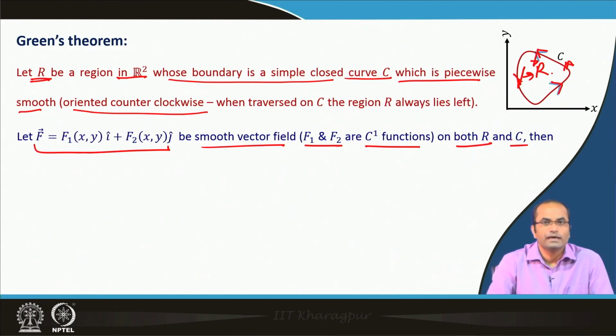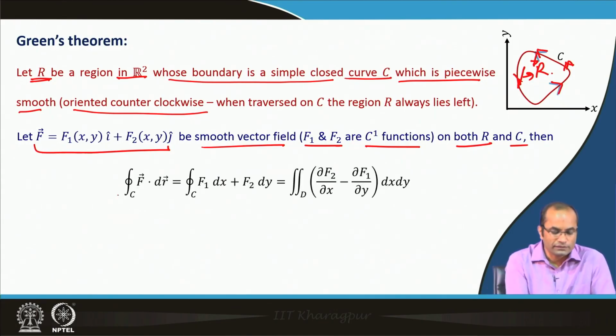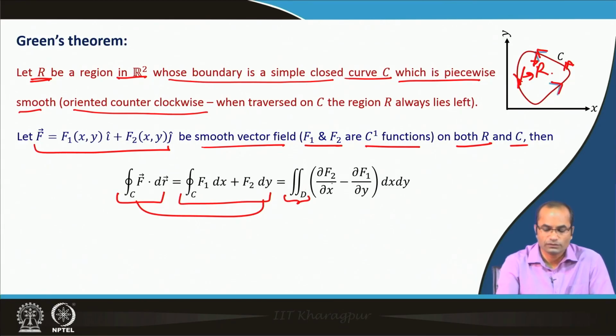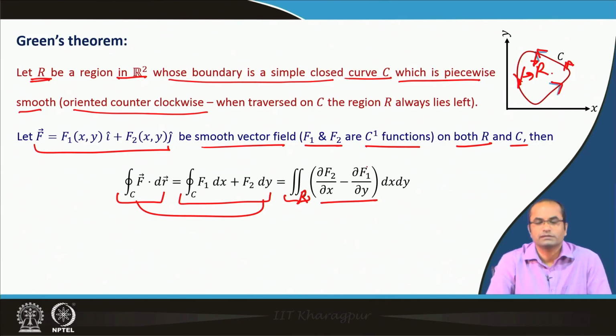Then we have this interesting result: the curve integral over C of F dot dr, or we can write this curve integral component wise as F1 dx plus F2 dy, is equal to this double integral taken over the domain R of the partial derivative of F2 with respect to x minus the partial derivative of F1 with respect to y.